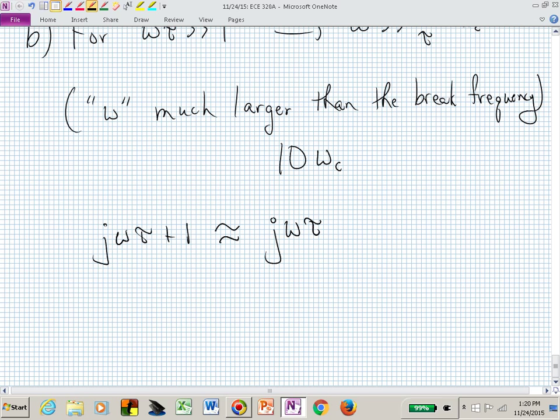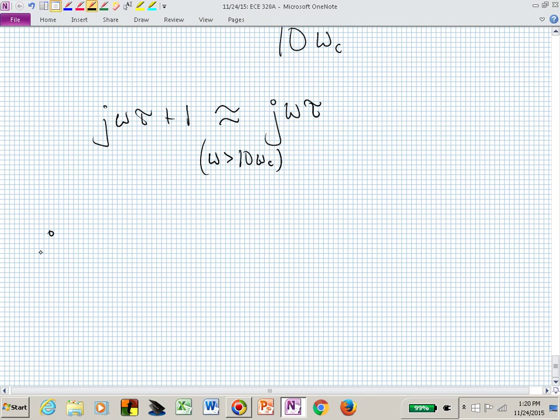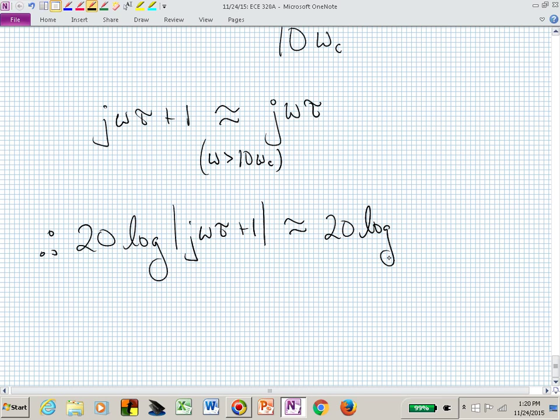This is when omega is greater than 10 omega c. That's the approximation. So if we looked at the magnitude piece in that range of frequencies, we can approximate 20 log of that linear factor by just 20 log of j omega tau.